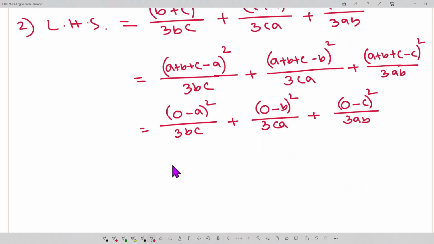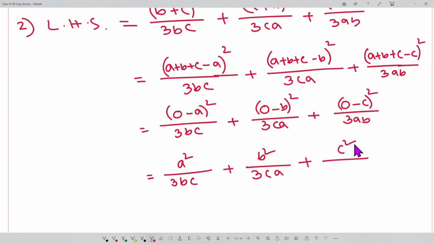Okay, now look, minus 0 minus a means minus a, square it's a square, and here is 3bc, plus minus b square means b square, so here is 3ca, plus minus c square means c square, and here is 3ab.